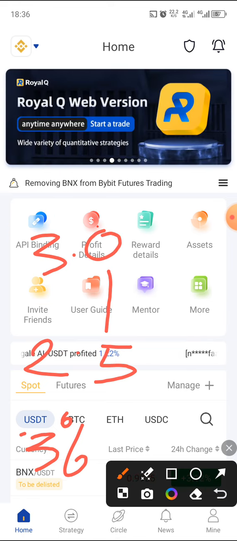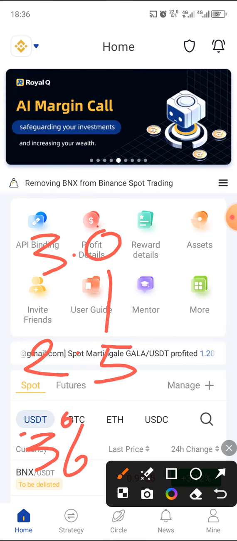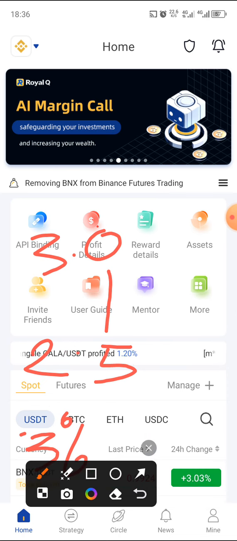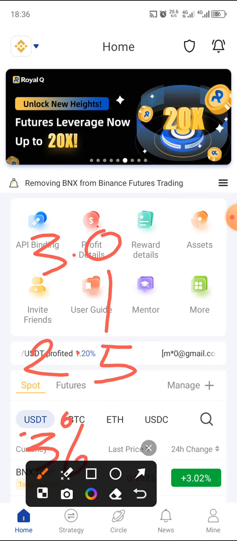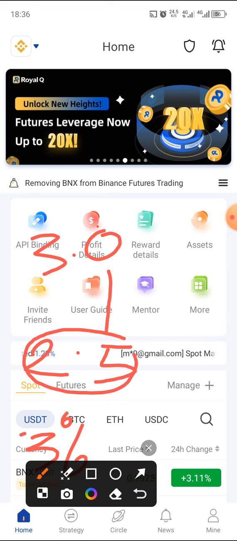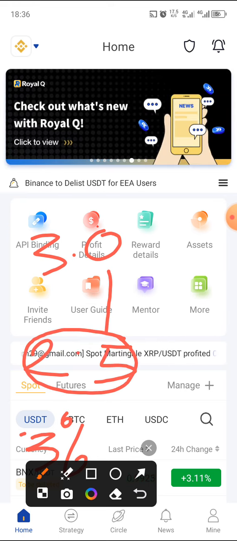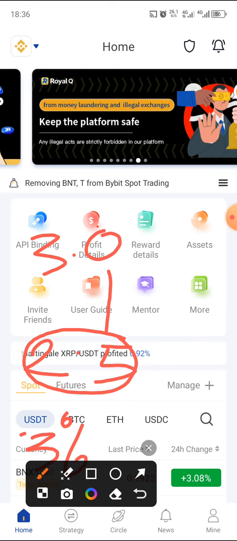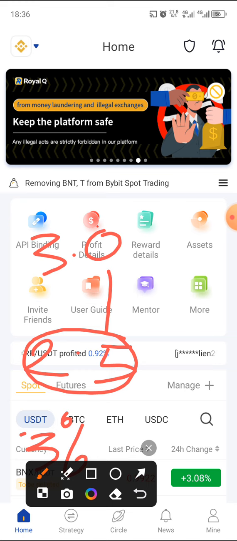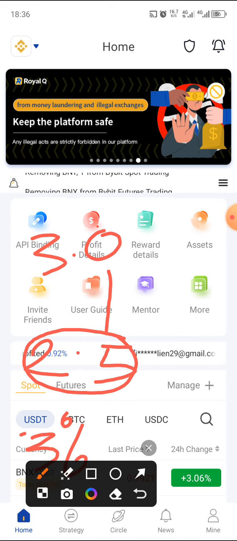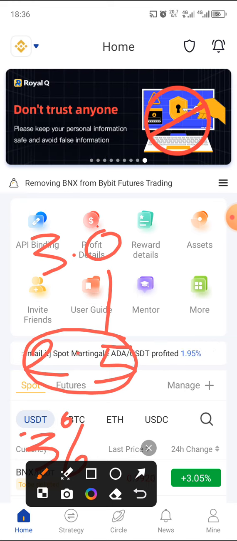Just an example. I don't want you to cram work, but I want you to understand, okay? So 2.5, or the price at which you bought your coin, becomes the average price.